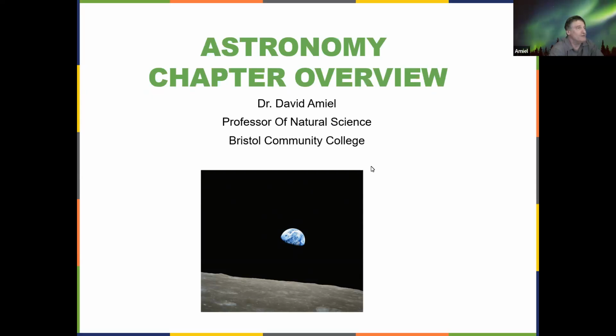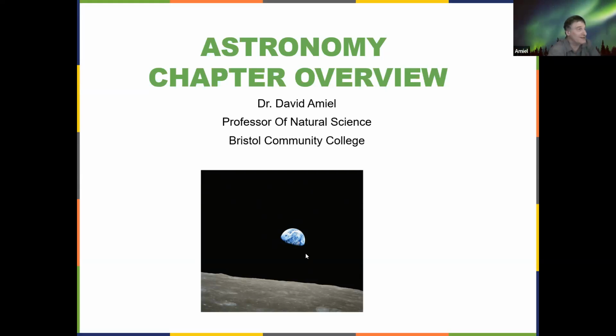This, by the way, is a famous picture taken from the Earth on one of the Apollo missions. It's called Earthrise. This picture was one of the first views of Earth as a planet from another point of view. This is late 1960s, early 1970s.